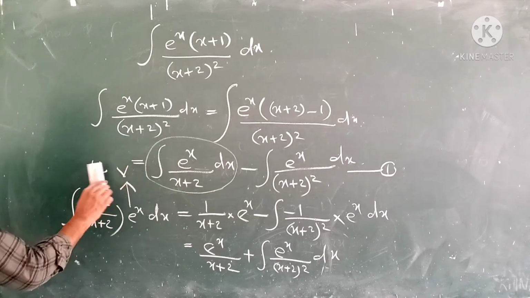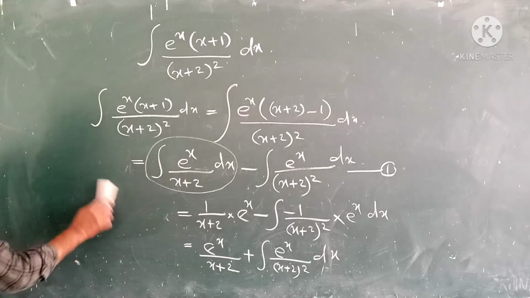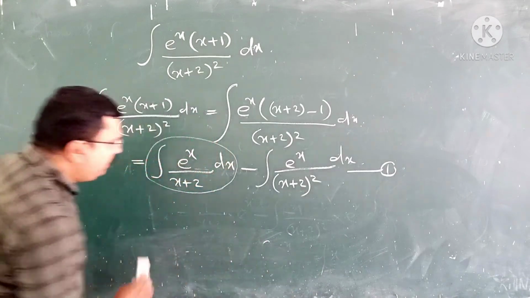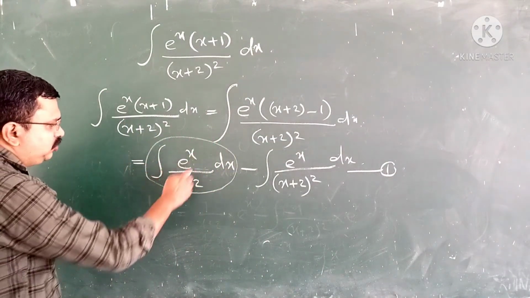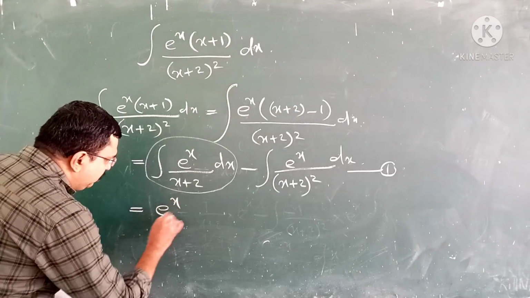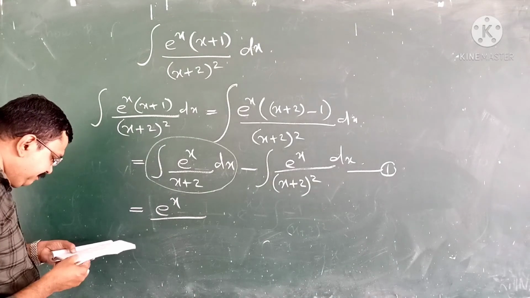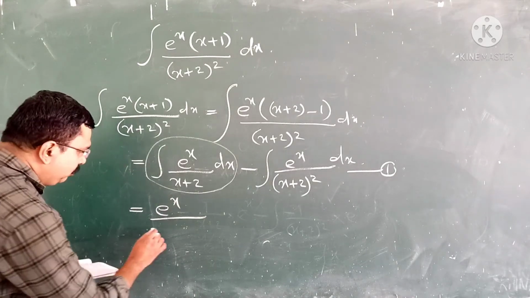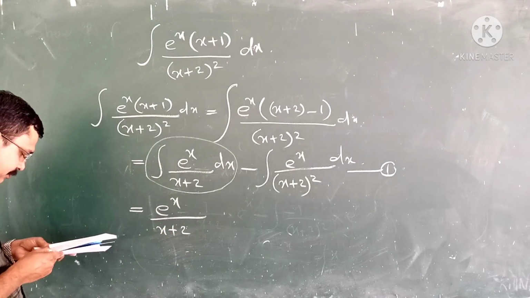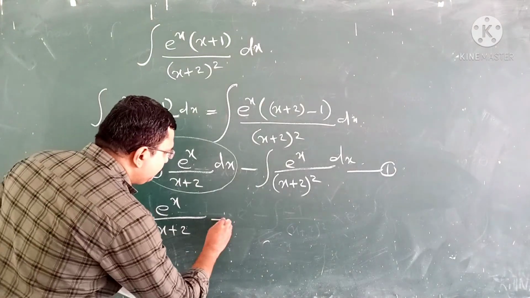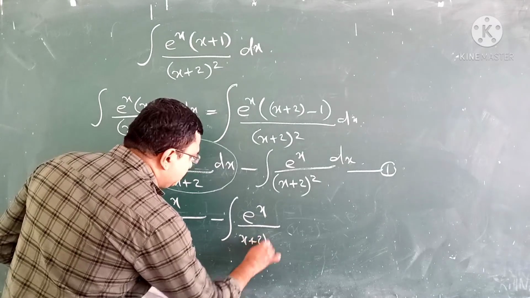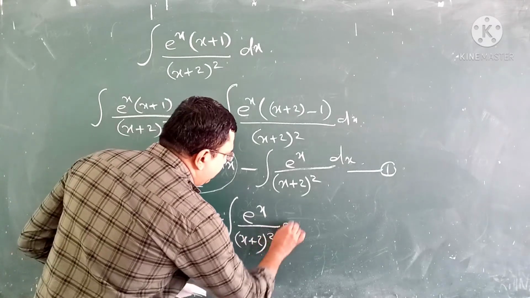The next step is we are applying this result to here. Then from equation 1, integral e raised to x by (x plus 2) is equal to e raised to x divided by (x plus 2) plus integral e raised to x divided by (x plus 2) square dx.